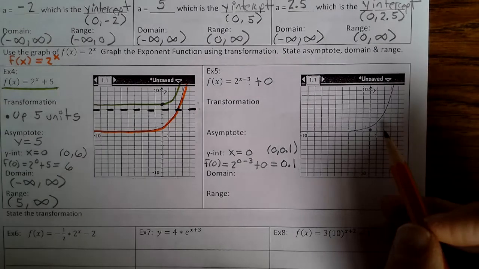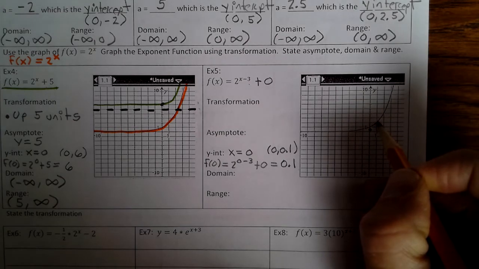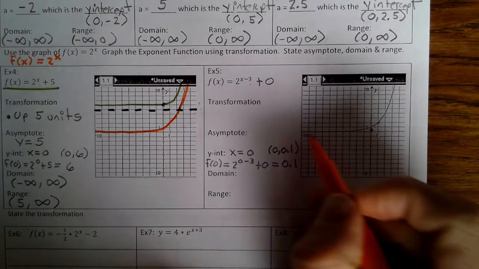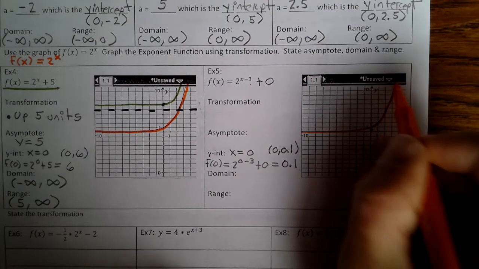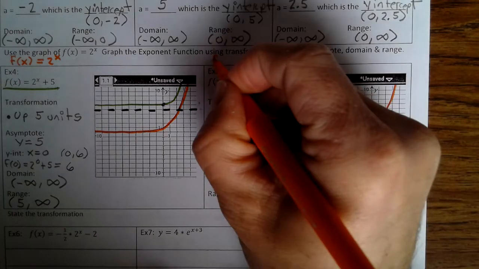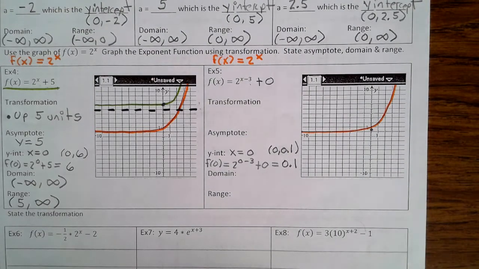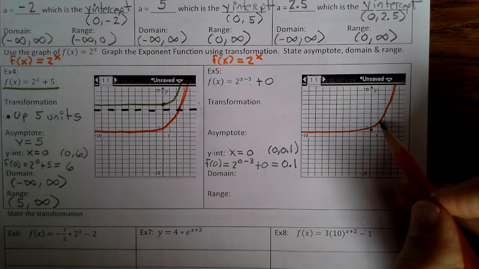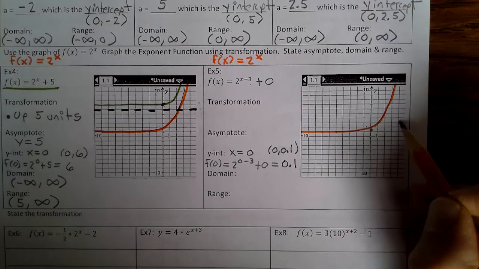We can use this point right there from the parent function, which we know is f of x equals 2 to the x. Okay, so we know that this value is going to go to the right. This point right here is to the right 3 units. So 1, 2, 3. So the transformation is right 3 units.